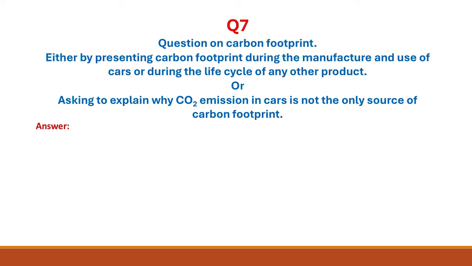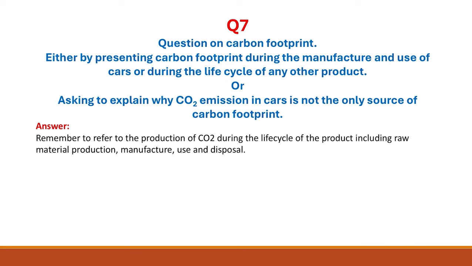But when you talk about the carbon footprint for any other product, you need to remember to refer to the production of carbon dioxide during the life cycle of the product. That includes the raw material production, the manufacture, use, and disposal, the 4 stages.